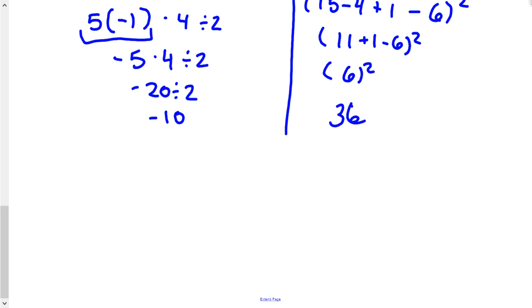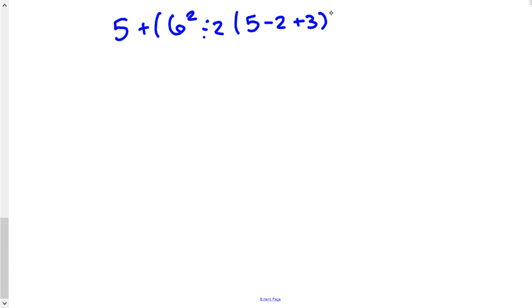So let's do this one. This will be 5 plus bracket 6 squared divided by 2 bracket 5 minus 2 plus 3 bracket.